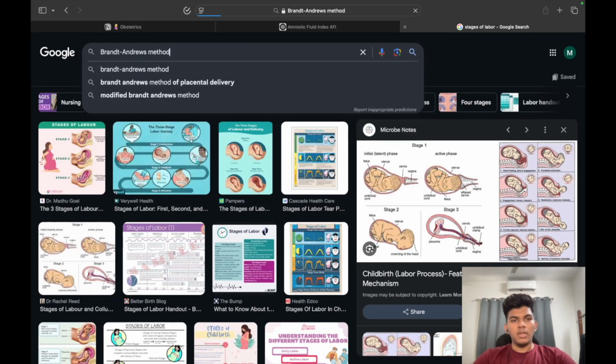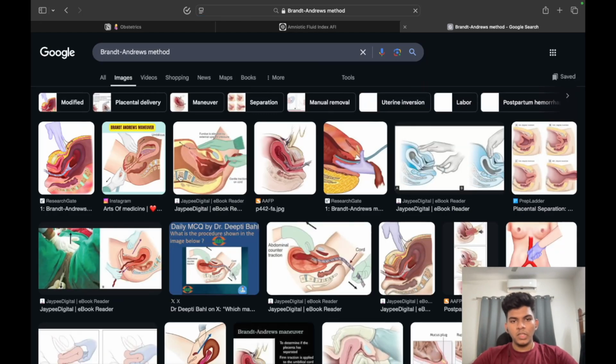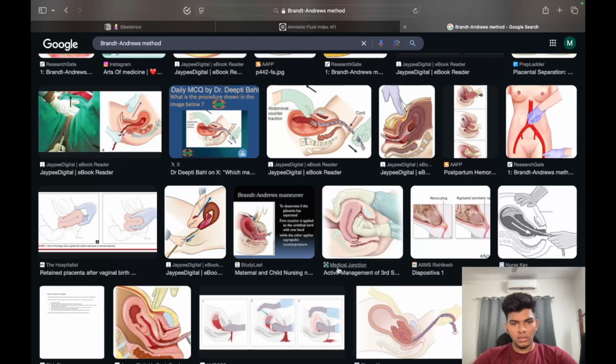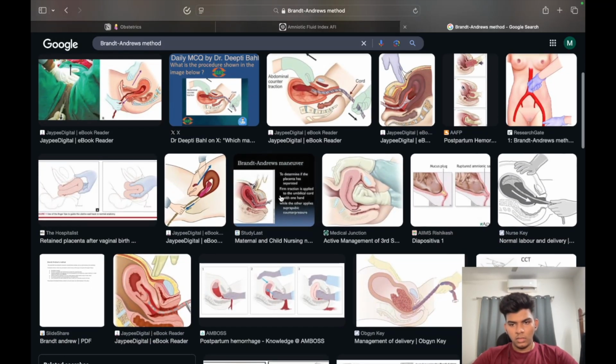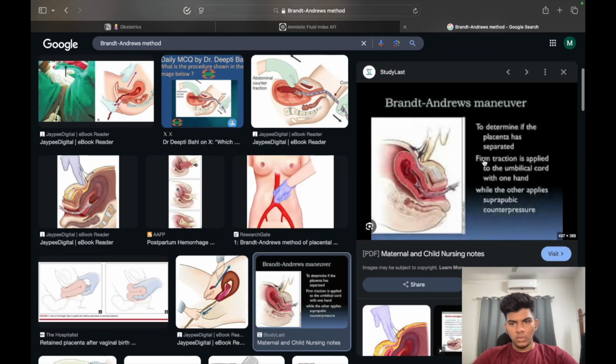So let's see the Brandt-Andrews method. So you can see over here, firm traction is applied on the umbilical cord with the one hand, this one, while the other hand applies suprapubic counter pressure.